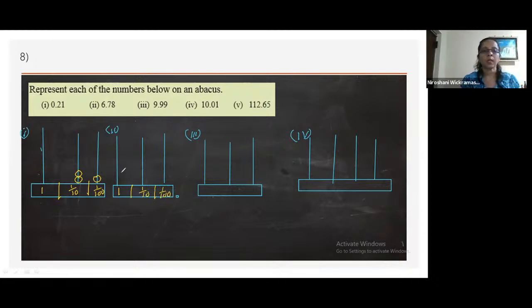The unit place 6. 1/10th place, 1, 2, 3, 4, 5, 6, 7. 1, 2, 3, 4, 5, 6, 7, 8. Unit place 1, 1/10th, 100. 1, 2, 3, 4, 5, 6, 7, 8, 9.